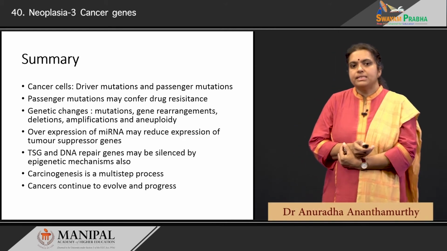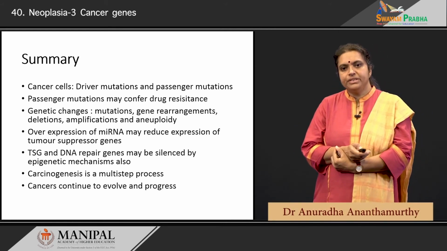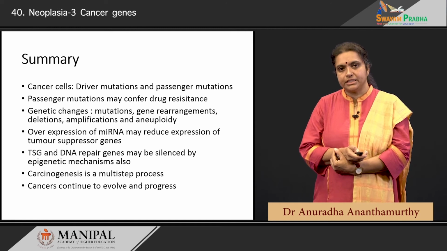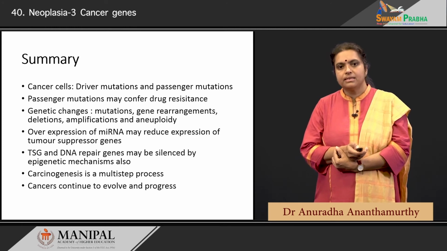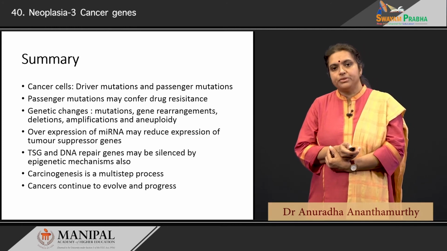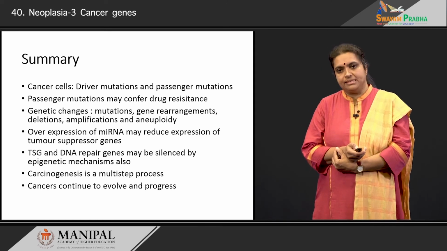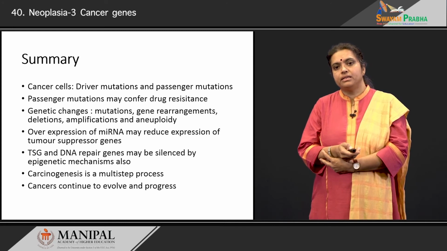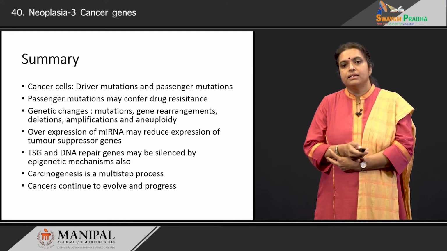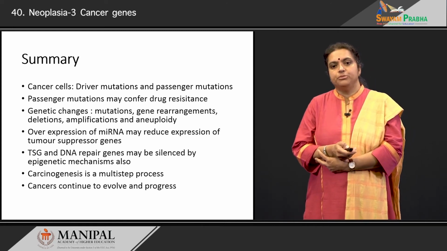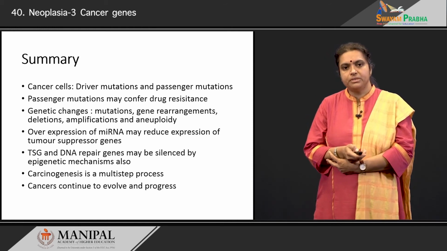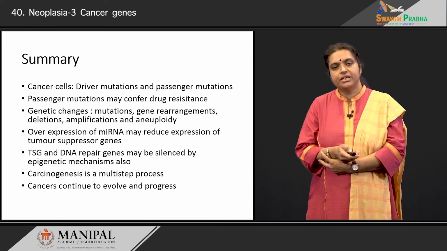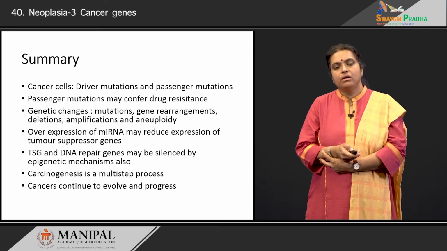Okay, to summarize, in this lecture we have dealt with the genetic changes that occur in cancer cells. There can be two kinds of mutations, driver mutations and passenger mutations. Passenger mutations, importantly, they confer drug resistance. The genetic changes that can occur are mutations, gene rearrangements, deletions, amplifications and aneuploidy.